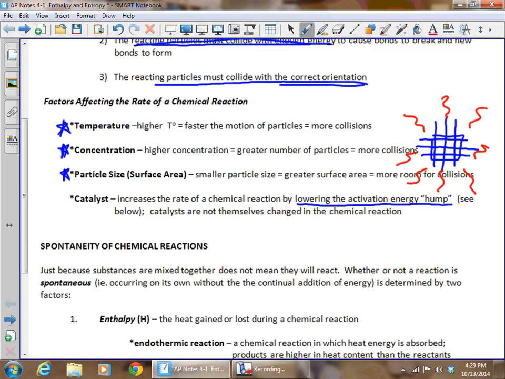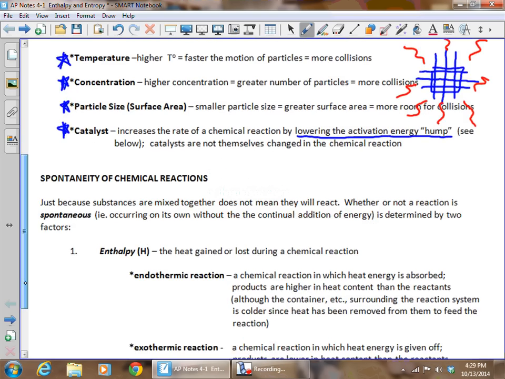Now, catalysts are not themselves changed in the chemical reaction. They're involved somewhere in the mechanism that makes the reaction speed up because it takes less energy. Now, we're not going to really talk about mechanisms for a few units from now, but I wanted to introduce this concept of a catalyst now because it plays into our reaction diagrams in a moment.